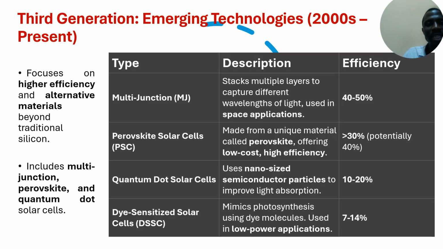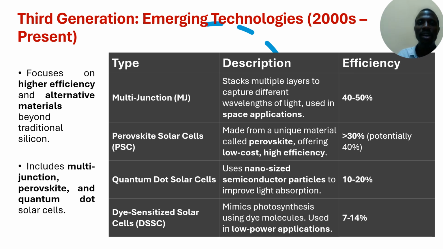We move to the third generation, which are regarded as emerging technologies, and the quest for these emerging technologies actually started in 2000s. It focuses on higher energy and alternative materials beyond the traditional silicon. It includes the use of multi-junctions, perovskite, and quantum dot solar cell. Now, a quick look at each of these.